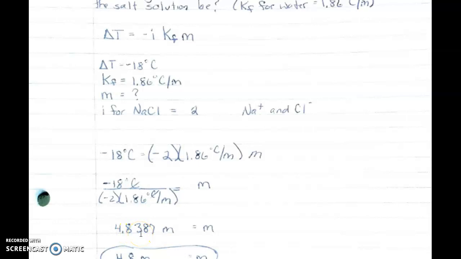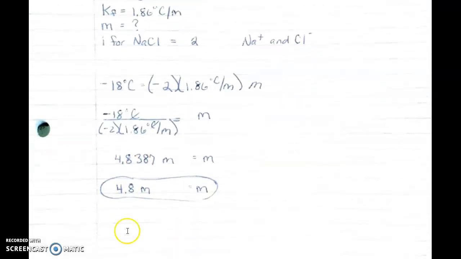And since that 3 is less than 5, we are going to keep that 8 the same. And so we have a 4.8 molal solution of sodium chloride that needs to be added to water in order to depress the freezing point from 0 degrees Celsius to negative 18 degrees Celsius. And so this is our final answer.